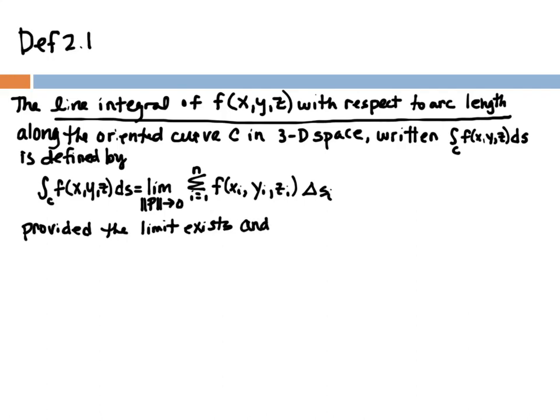And the second disclaimer is that it is the same for all choices of evaluation points. We sort of get around worrying about all choices of evaluation points because our partition is going to 0, so it ends up being an unnecessary thing to worry about as we continue through the process.